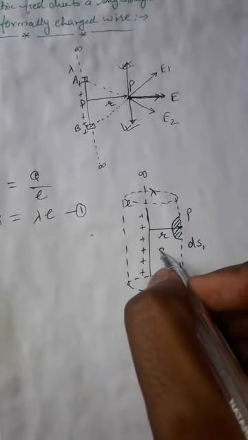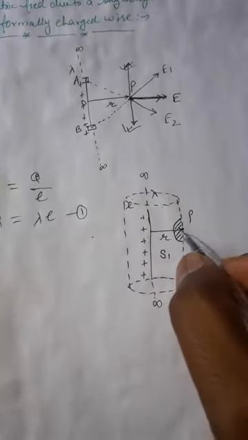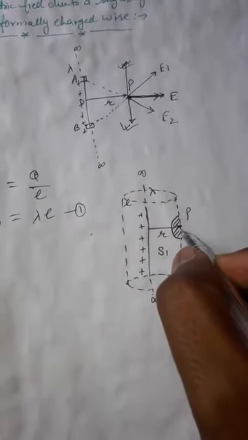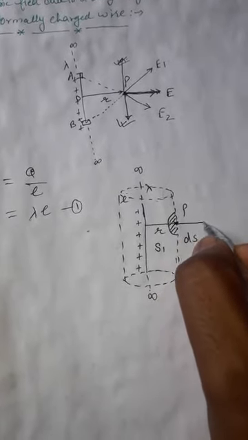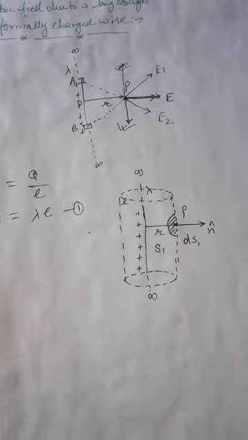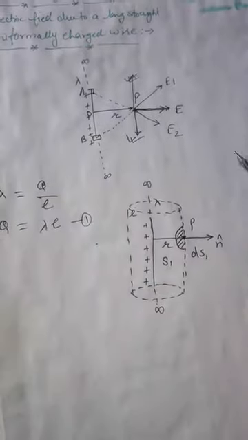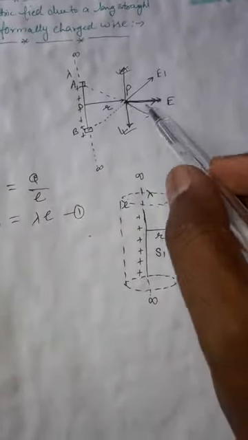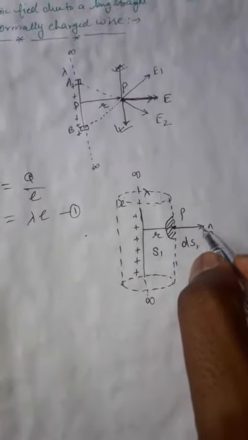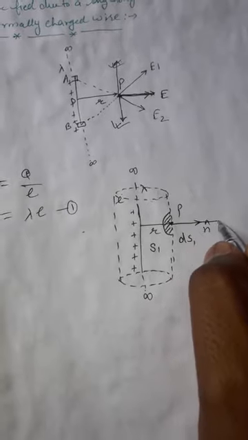Say the surface area of the cylinder is s1, so this small surface area is ds1, and the direction of this area vector is perpendicularly outward, represented by n cap. At point P, as we stated earlier, the electric field is always radially outward, so the field direction must be similar to that of n.